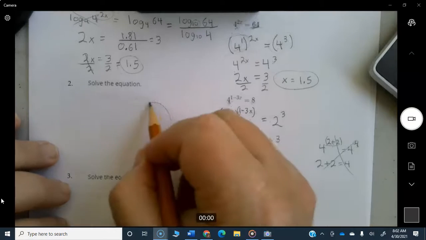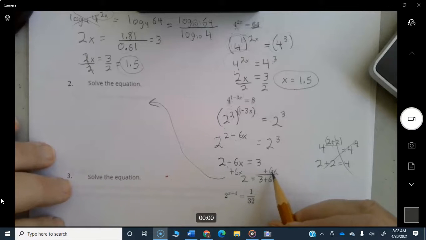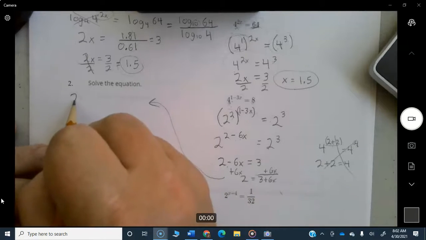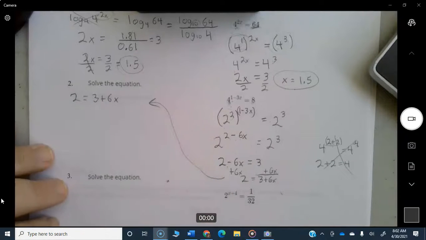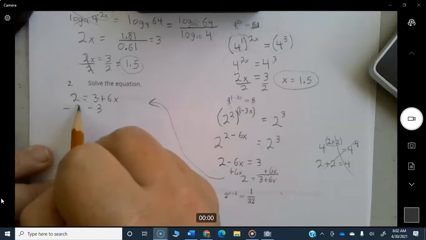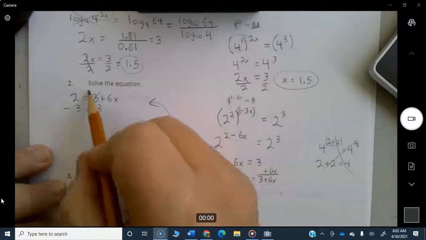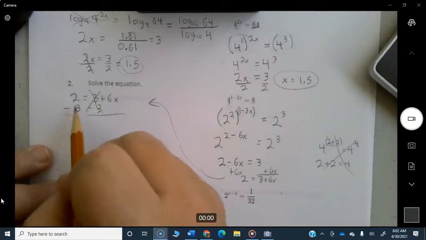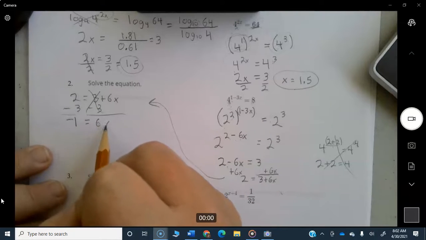I'm going to come up here to finish this up. And so 6, yeah, there we go, you have that. So I have 2 equals 3 plus 6x. I'm going to subtract 3 from both sides. And this disappears. And this is 2 minus 3 is negative 1 equals 6x.